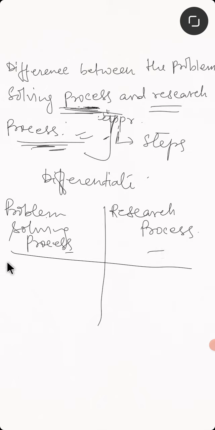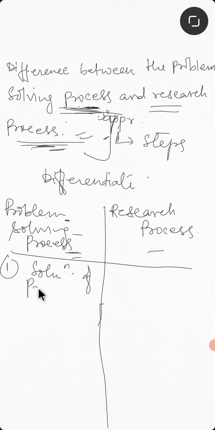Now we come to the difference. What is the basic difference in these two terminologies? As the name suggests, in the problem solving process or approach, your aim is to find a solution of a problem. That problem is already defined.